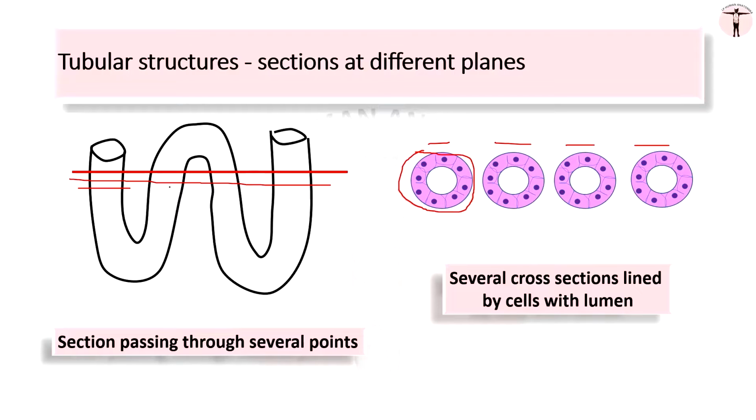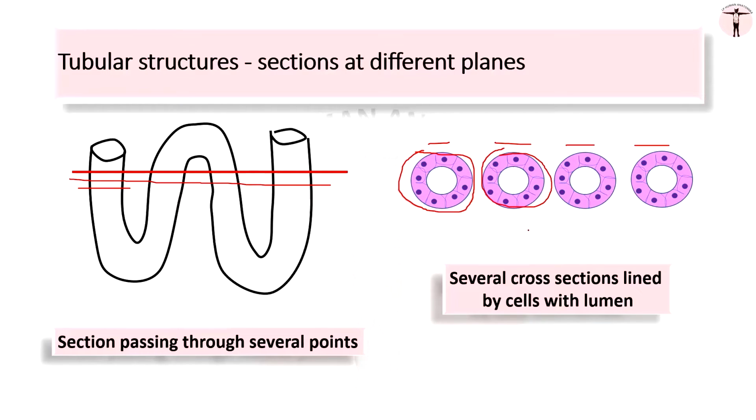As it passes through that many parts of the tube across the coiling, that many sections can be observed. This type of section is observed in sweat gland. Here the sections are placed in a line to give the orientation in this slide, but in a real tissue section the cross sections will be randomly or irregularly arranged.